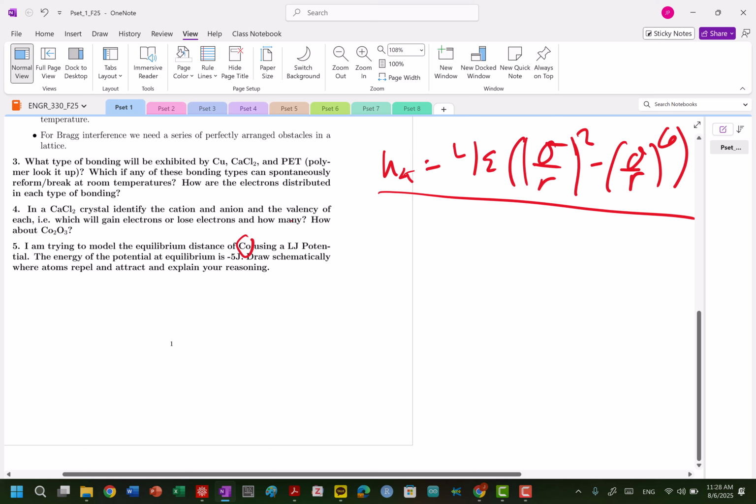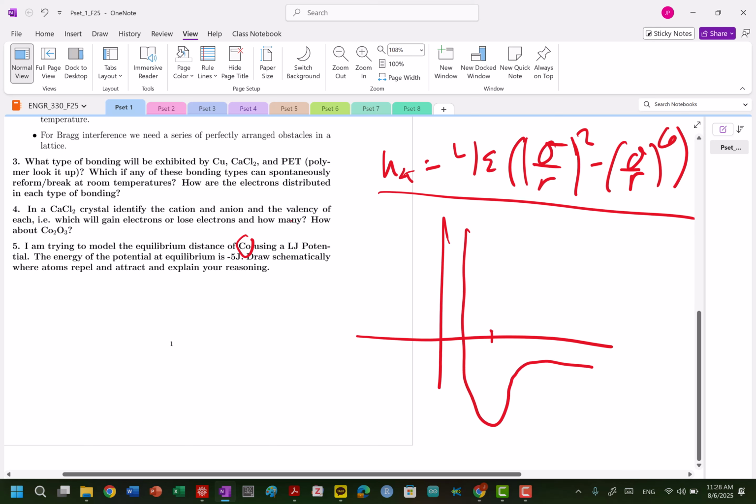We're told that the energy of the potential at equilibrium, so we know equilibrium is going to occur right here, is -5 joules. We know that this is our equilibrium distance, so right at this distance, dU_LJ/dR is going to be equal to 0.